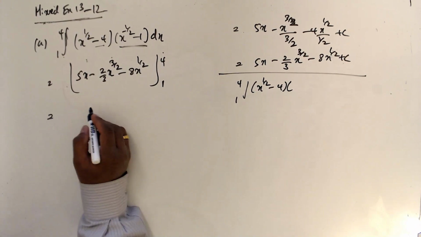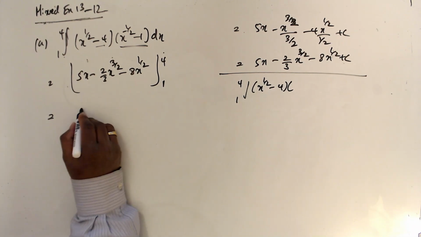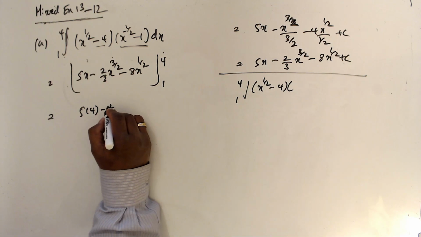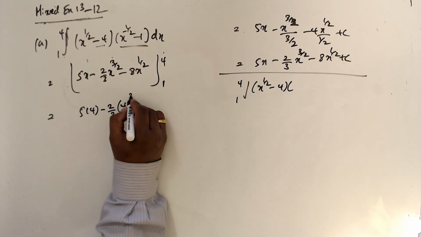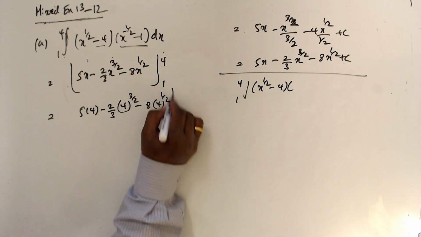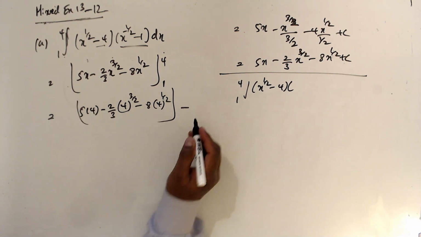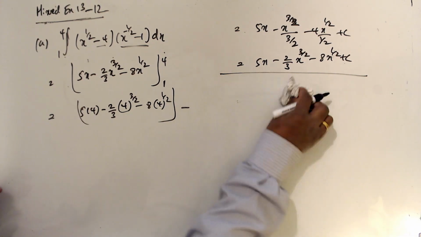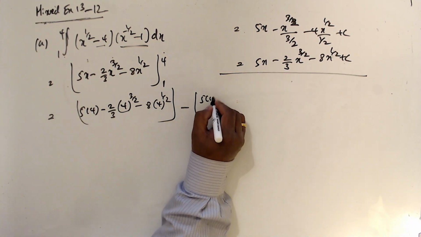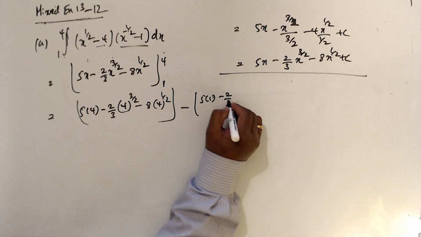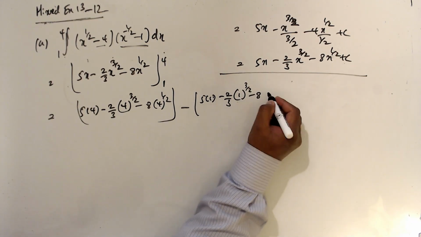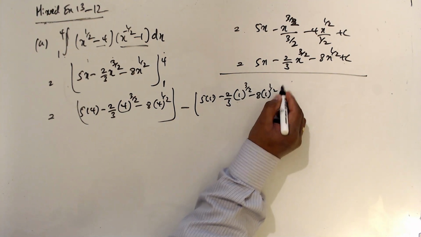So for 4, now 5 times 4 minus 2 over 3 times 4 to the 3 over 2 minus 8 times 4 to the half, minus, for 1, 5 times 1 minus 2 over 3 times 1 to the 3 over 2 minus 8 times 1 to the half.